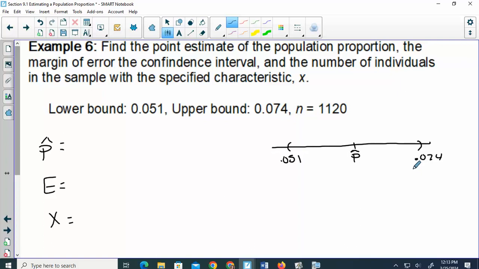How do you find the middle of two numbers? Add them up, divide by 2. Okay, so our p hat is 0.0625.